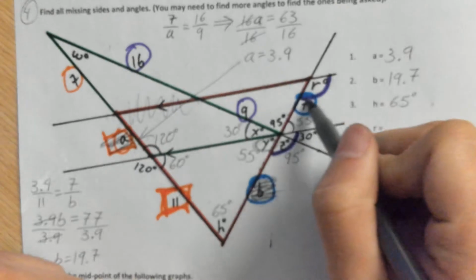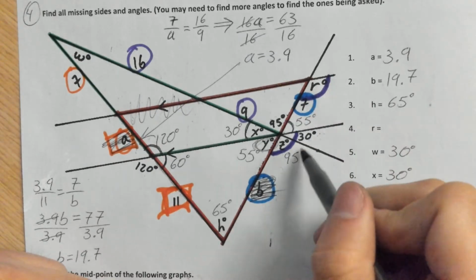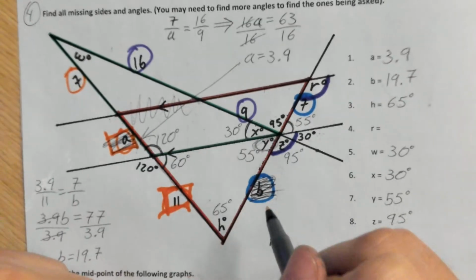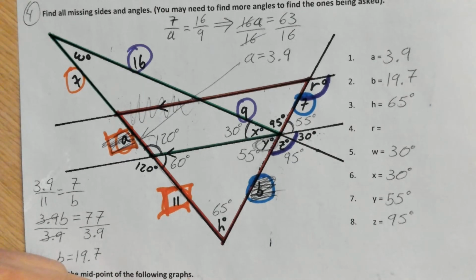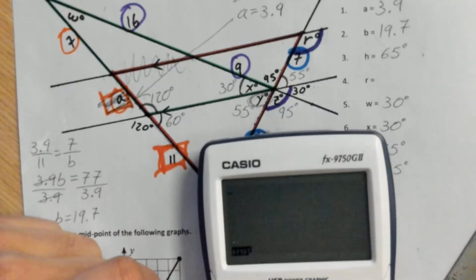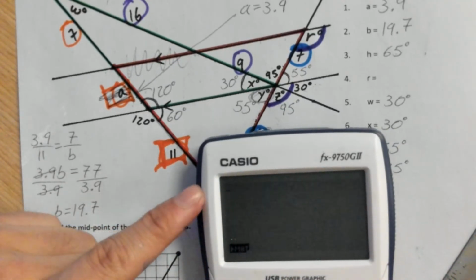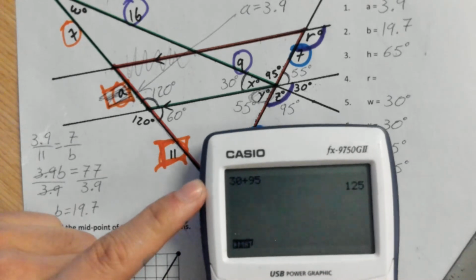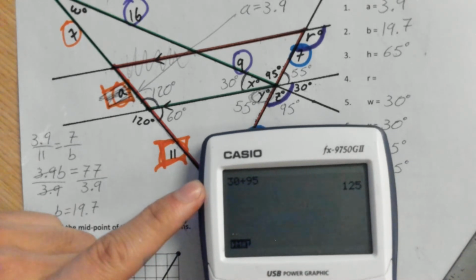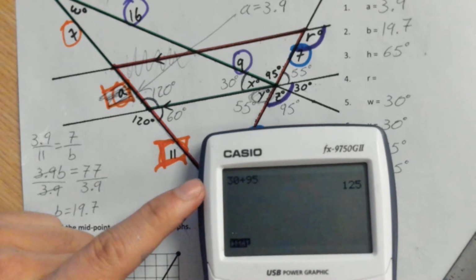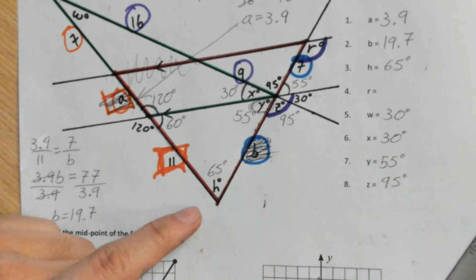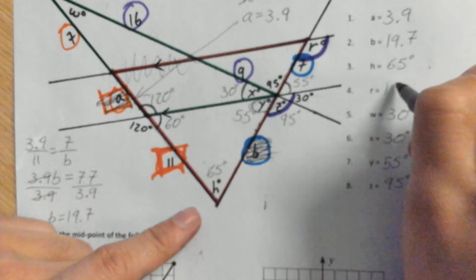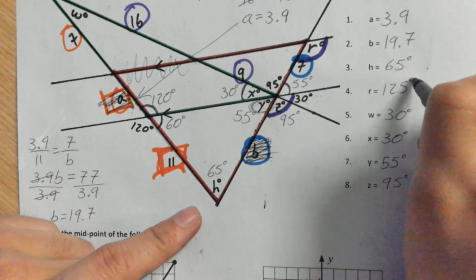So actually R is 30 and 95 together. So 30 plus 95 is 125. So R measures 125 degrees.